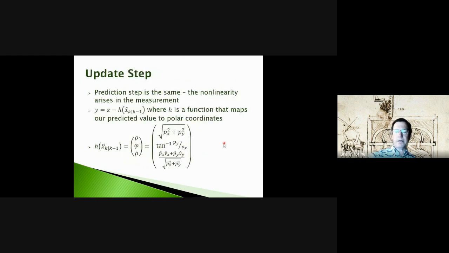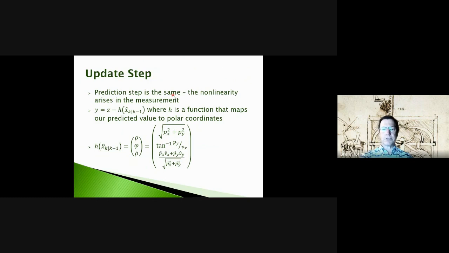And now the prediction step is the same. The nonlinearity in this case is arising in our measurement, right? Because we're using this radar and it's sweeping around 360 degrees and it's taking a range at every some number of degrees or millidegrees or something like that, right?